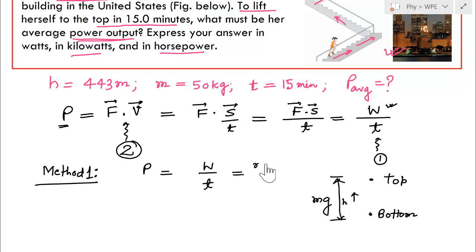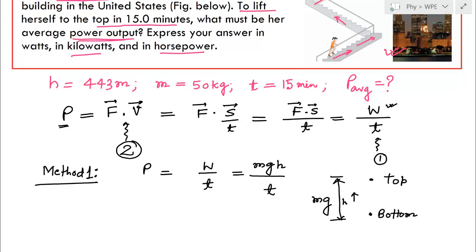This you can also understand because there is a change in potential energy when she is going from bottom to the top, and that change in potential energy is equals to mgh. Since there is no change in the kinetic energy, we can say the work done is equals to change in potential energy, that is equals to mgh, and then I have to divide by time to get the power.